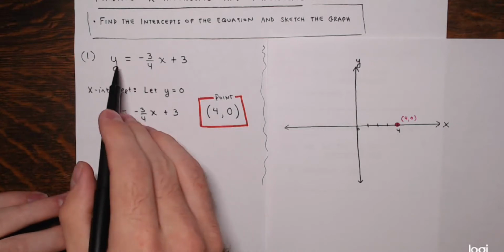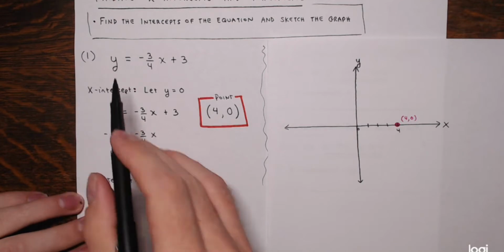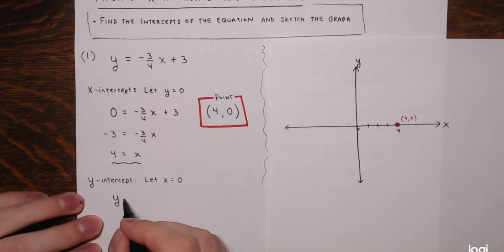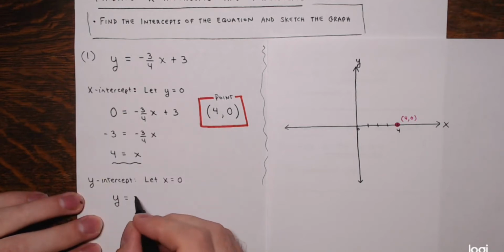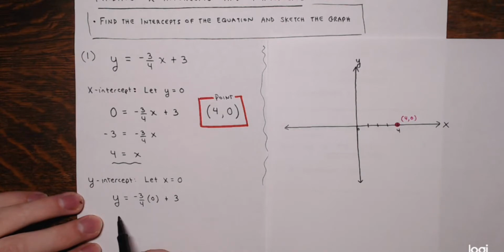Now the nice thing about this equation is that y is already alone. So we have y equals negative 3/4 times 0, replacing x with 0, plus 3, and then hopefully you recall that anything times 0 is 0. So this is just y equals 3.